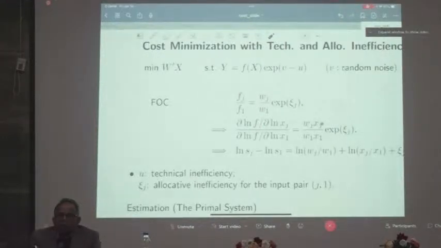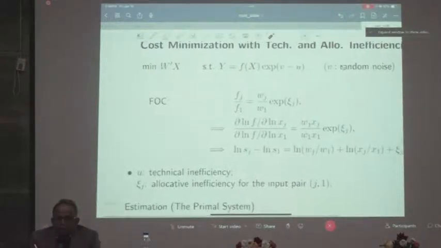Okay, just simple algebra. And again, this is log of s of j, this is the factors here, minus log of s of 1, and this is again if you take a log after, so again this is log of wj over w1. This is beta plus log of xj over x1, and then plus epsilon j.